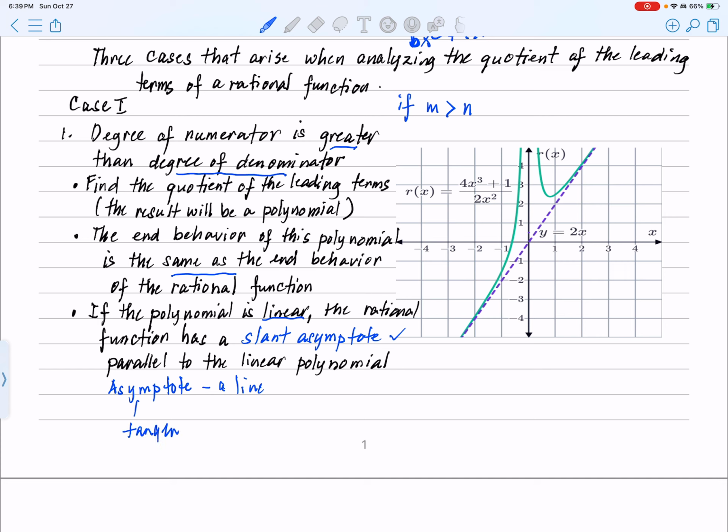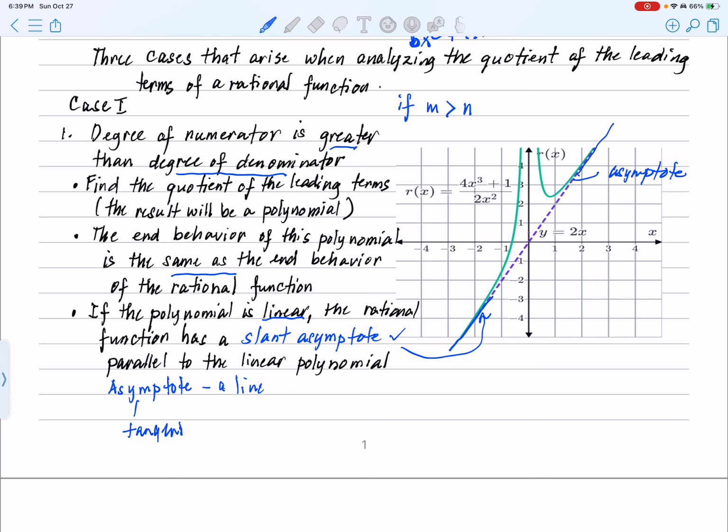It just touches the curve but does not intersect the curve. So here, this is the asymptote. And for m greater than n, the asymptote is a slant asymptote. It just touches the curve but does not intersect the curve right here. Just passes through here.